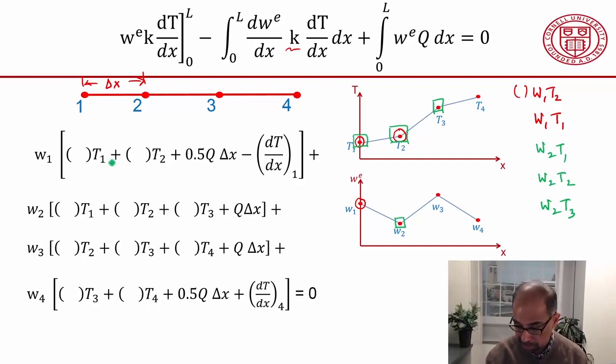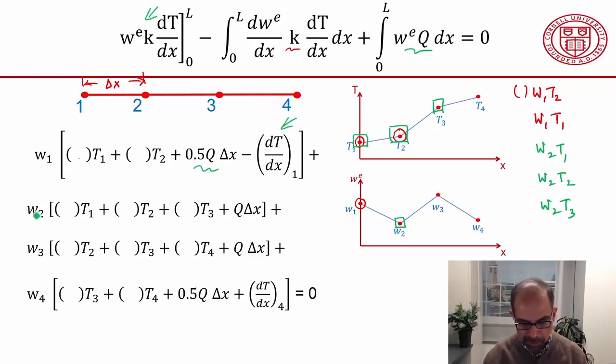W1 will multiply T1 with some constant coefficient, and it will multiply T2. You'll get a term involving W1 from here, and this term is from there.